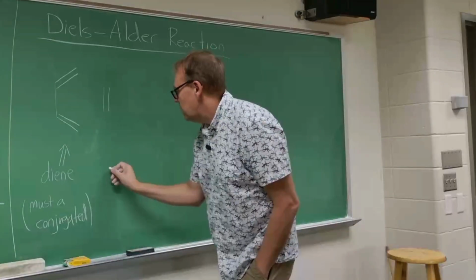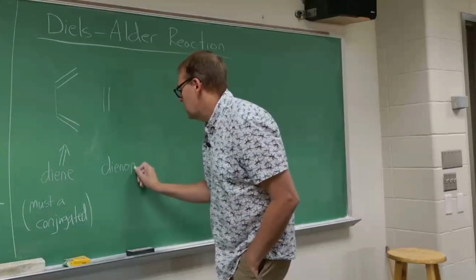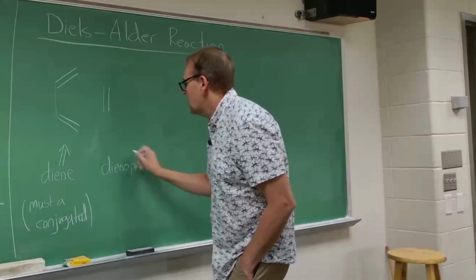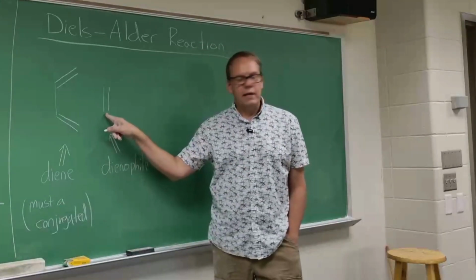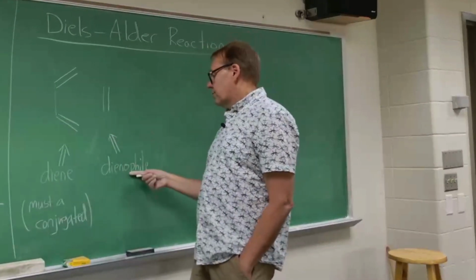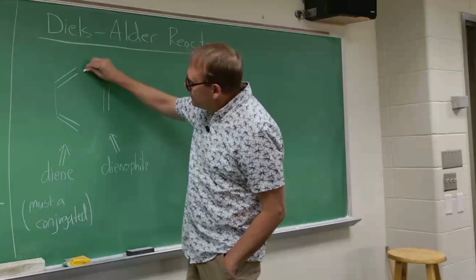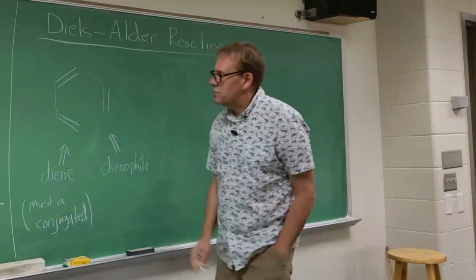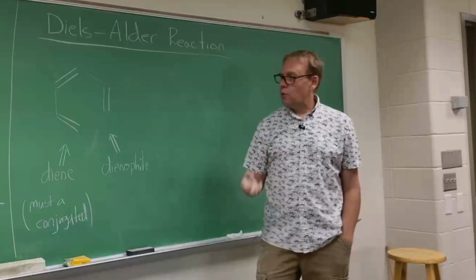And then there's something called a dienophile, which is this piece. And it's some kind of double bond containing species, and it means lover of dienes. And so when you put them together, what happens is they form a 6-membered ring transition state like this, where these dotted lines that I'm drawing indicate where there's going to be some new bonds forming.